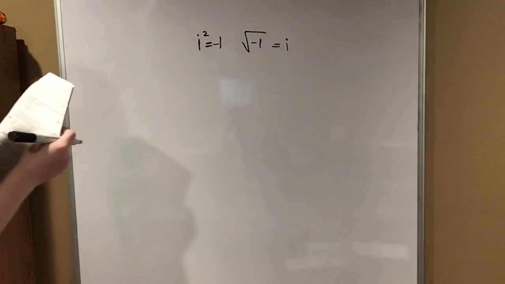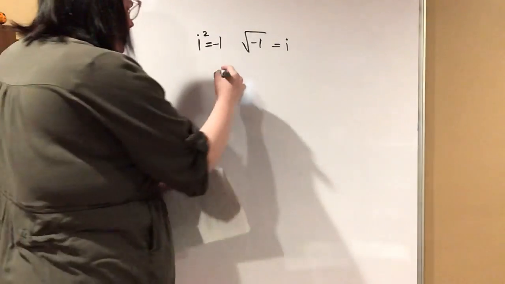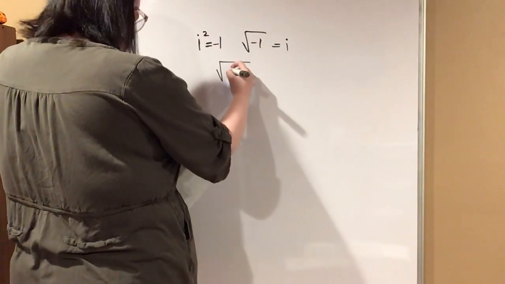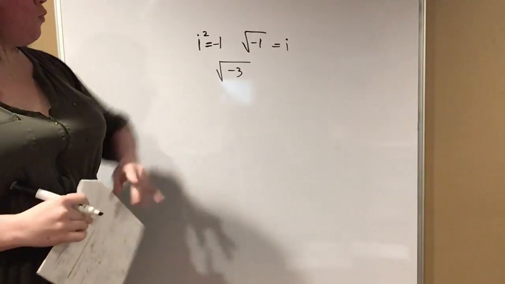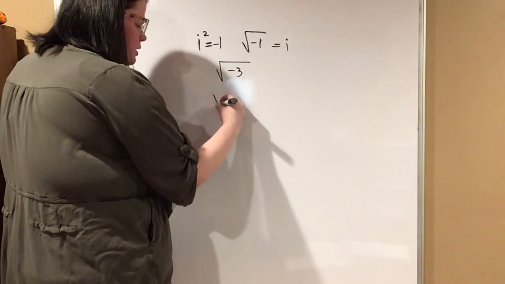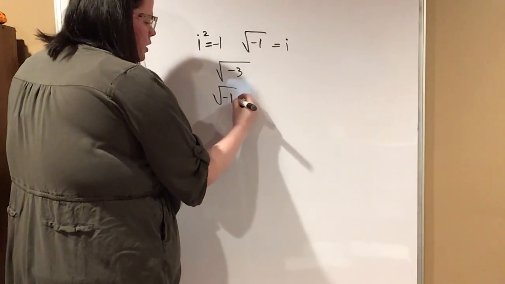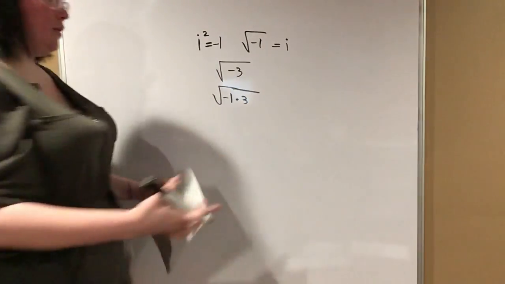This is the reason we need to know this. Because if we're given this, we can always pull the square root of negative 1 out, because you can split this into negative 1 times 3, right? So the square root of negative 1 times the square root of 3.